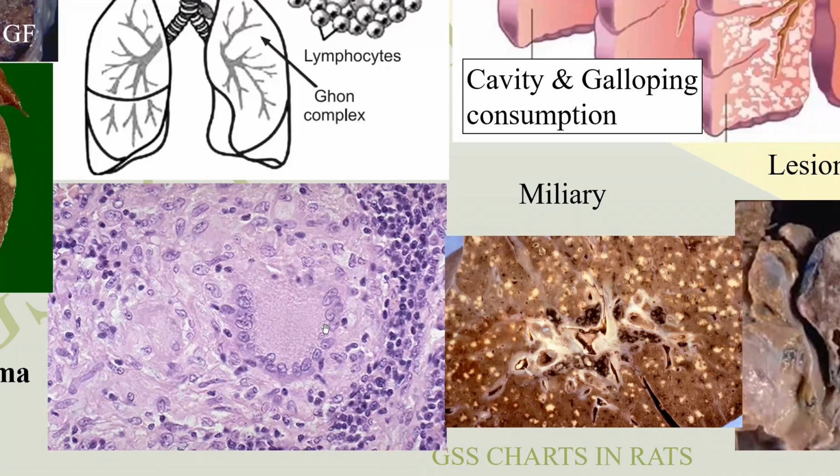And this is one large cell where multiple nuclei have joined, and they are dispersed in a necklace-like or a horseshoe-like pattern. This is called the Langhans giant cell, which has got a horseshoe-shaped appearance or a necklace-like pattern of distribution of the nuclei.